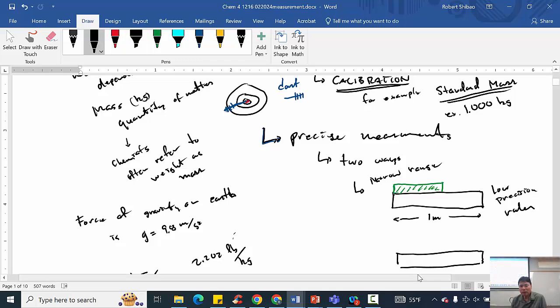Versus if I had a meter stick that had markings here, and then I measure the same object, then this would be high precision or higher precision.